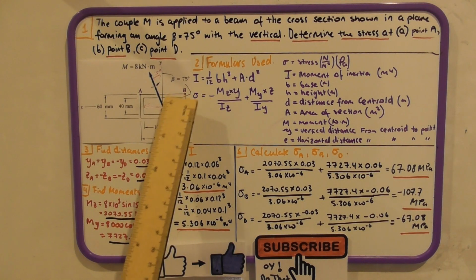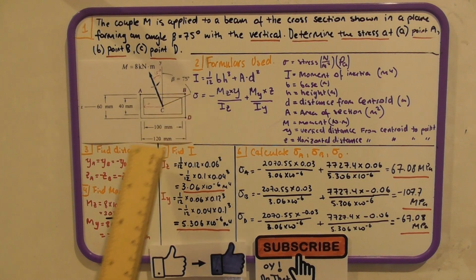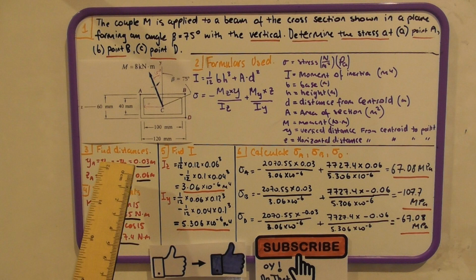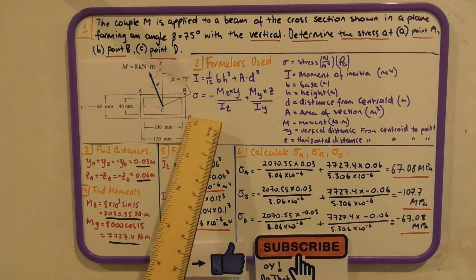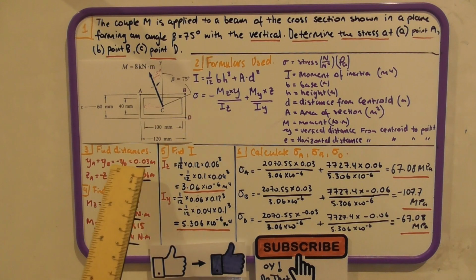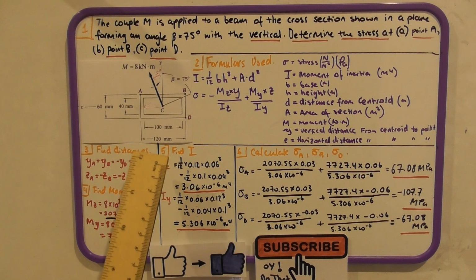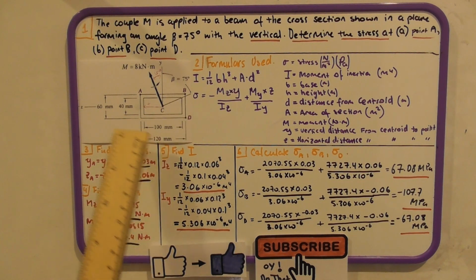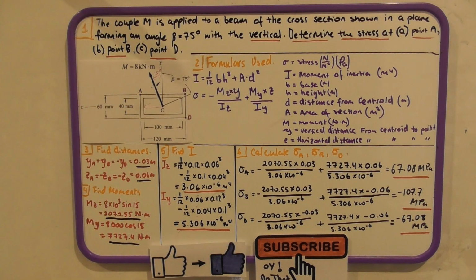Then to the right is B, but it's also coming up from the centroid, so YB is positive. And then D, you have to go down on the axis in the negative direction. That means it's negative YD. And all of them had to travel a distance of 0.03 meters, which is just half of 60 millimeters.